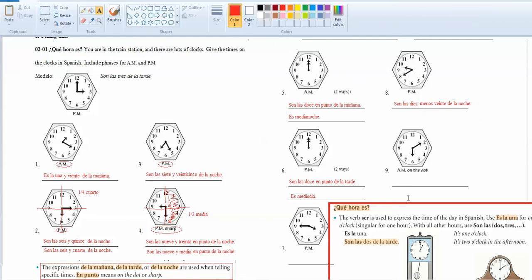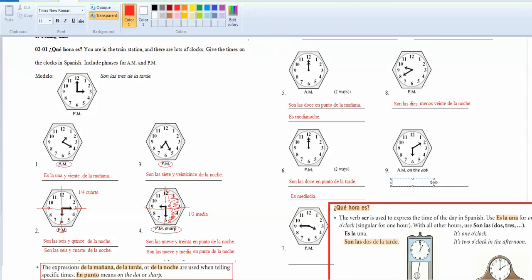Okay, and here it's 6. Well, I don't know why they have that on the dot there because that's not correct. It's 6:10. So I guess you could say on the dot. It's 6:10 on the dot.